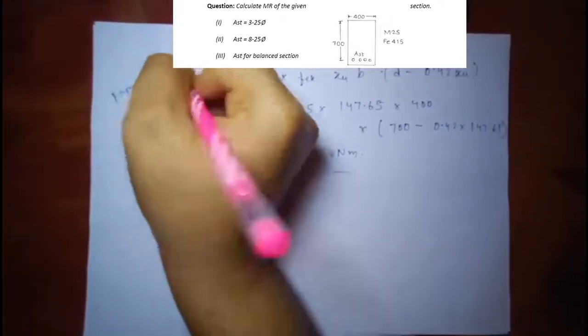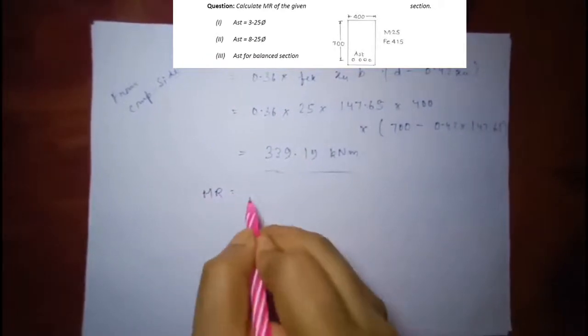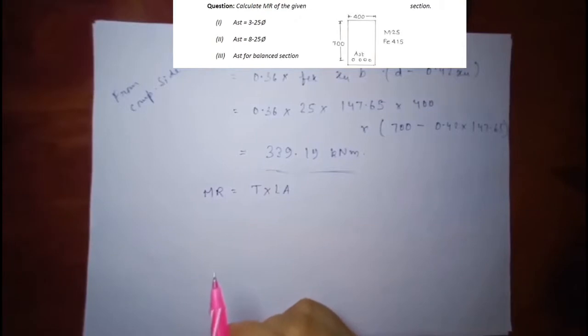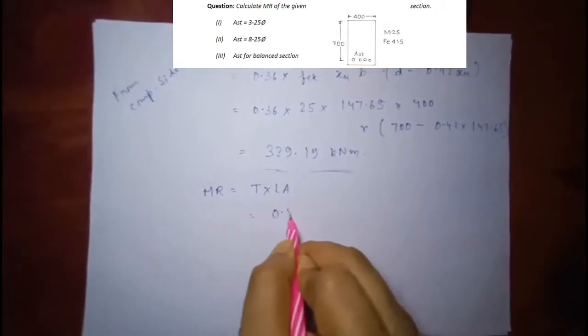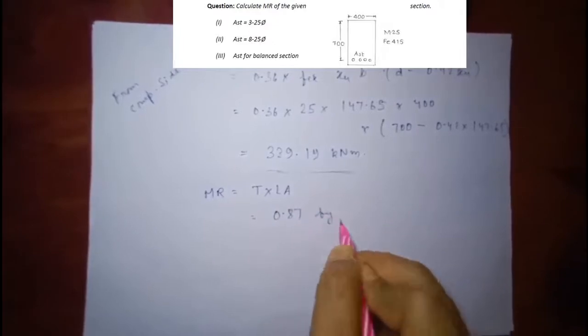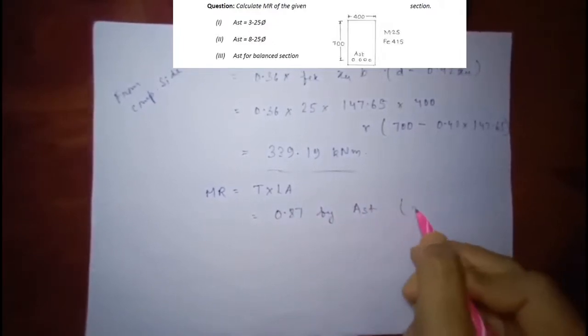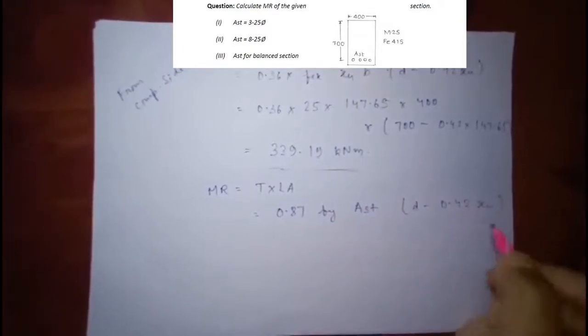Now MR is equal to T cross LA. So if I consider it from the tension side, it will be equal to 0.87 Fy AST multiplied by D minus 0.42 XU.